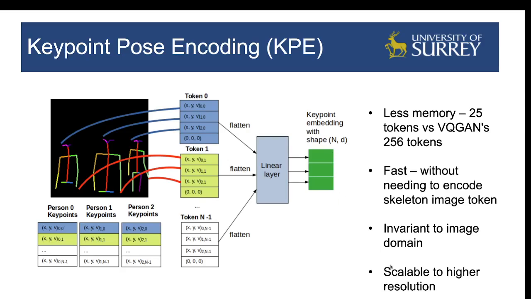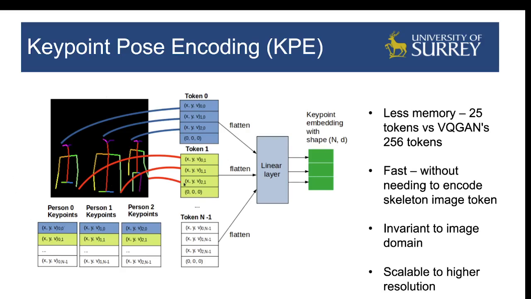Also, we can scale to high resolution, because all these XY coordinates are normalized to 0 to 1, so it is invariant to your image size. We do not need to retrain anything if we decide to increase the resolution. Unlike VQGAN, you will probably have to use a higher number of tokens if you increase the resolution, or you have to train a separate autoencoder just for these skeleton images.